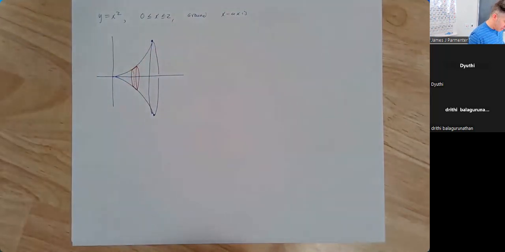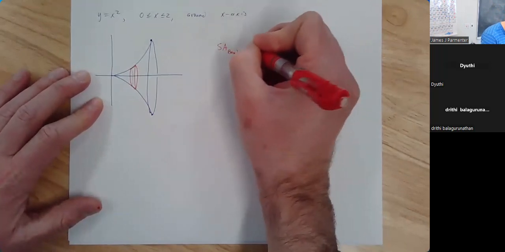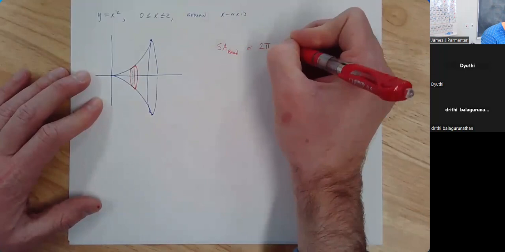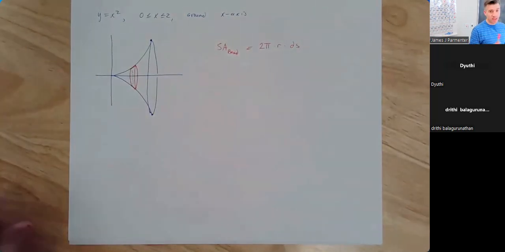Okay, so now the surface area of my band, once again, is 2 pi times my radius times my ds. That's really what sticks in my head when I'm doing surface area. Arc length is just the integral of ds. Surface area is the integral of 2 pi r times ds. Basically, the circumference times the length.